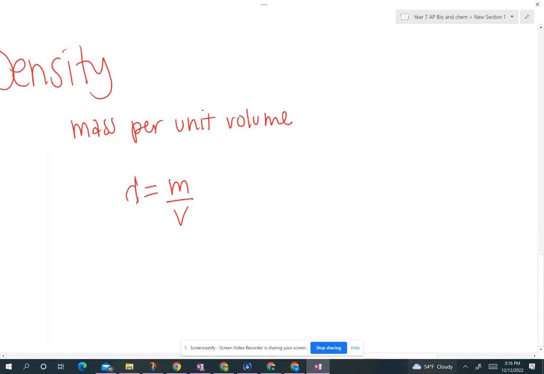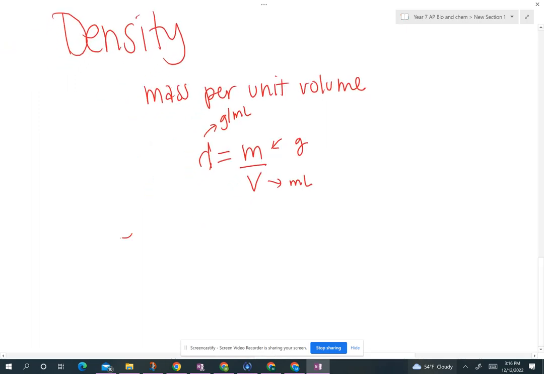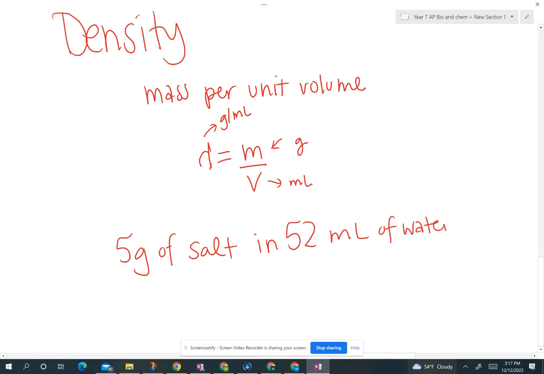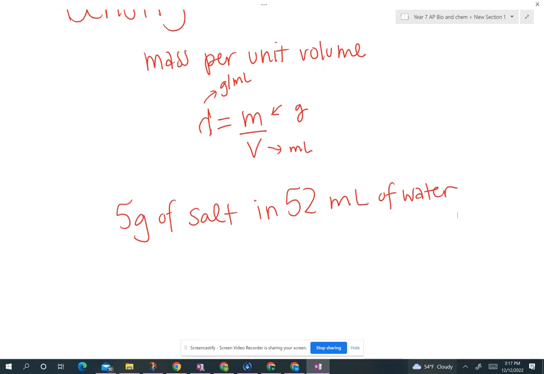I can also calculate this out, right? Density, if I did this, is grams over milliliters. Mass is going to be in grams and volume is going to be in milliliters. So if I had, per se, 5 grams of salt and 52 milliliters of water, I'm going to go 5 over 52, and then I just simply divide it.